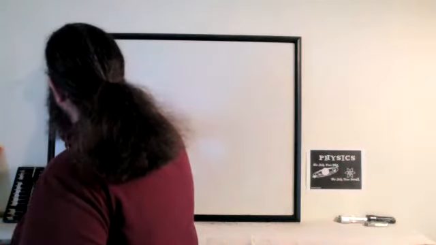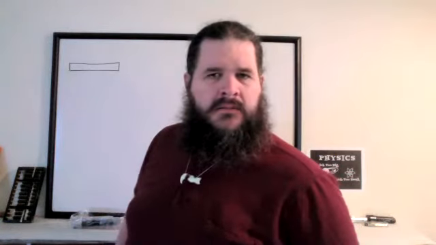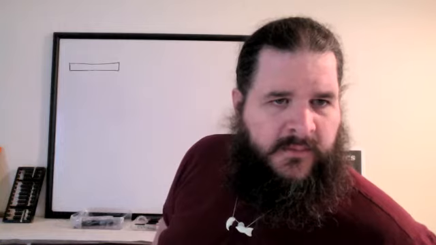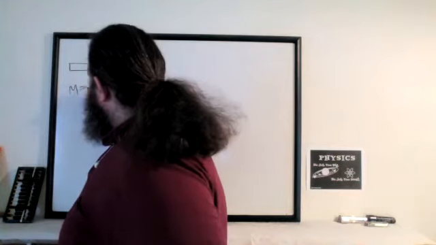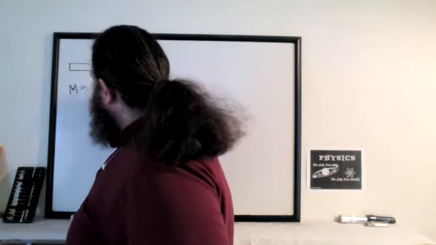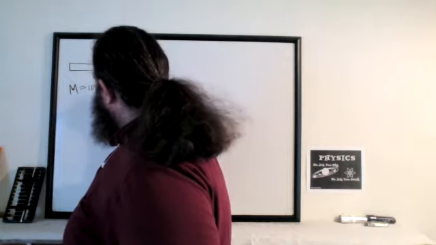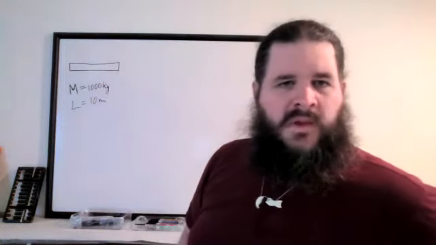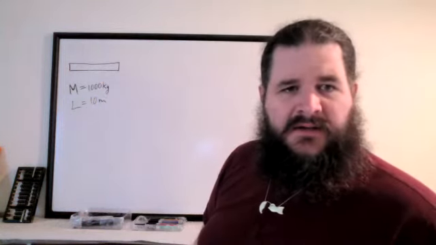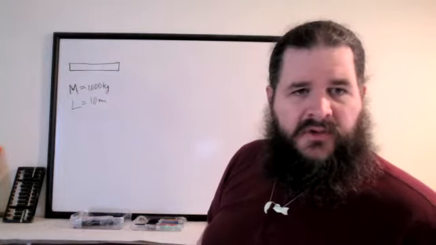The idea here is we have this beam, and we know the mass and the length. I'm going to call the mass of the beam capital M, and the length is 10 meters. And we've also got an astronaut clinging to one end of it, whose mass is 100 kilograms.